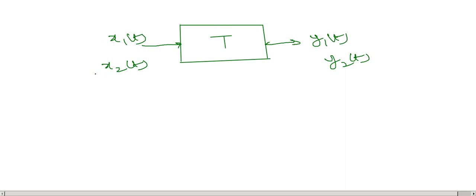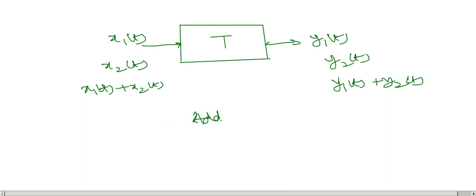Now, upon adding the inputs, meaning if we excite this system by x1(t) plus x2(t), and the system produces the output y1(t) plus y2(t), meaning if the inputs are added, then the outputs will also be added, then we say that the system is additive.